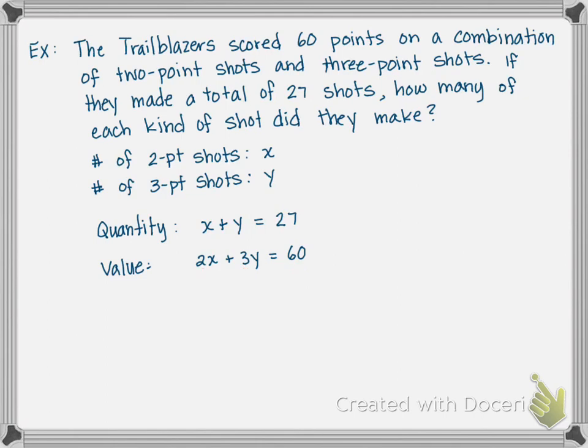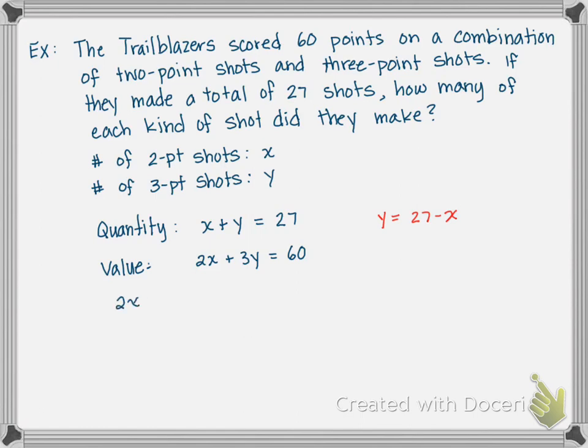You guys want to use elimination or substitution? Substitution. Okay, go for it. In fact, if you want to use elimination, you guys can use different methods. So we would have y equals 27 minus x.